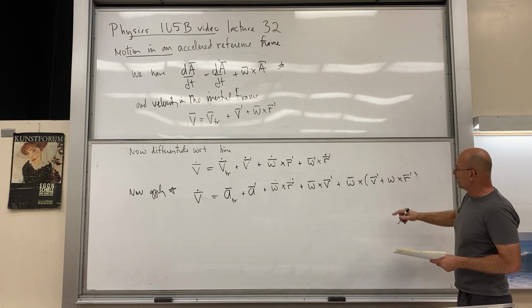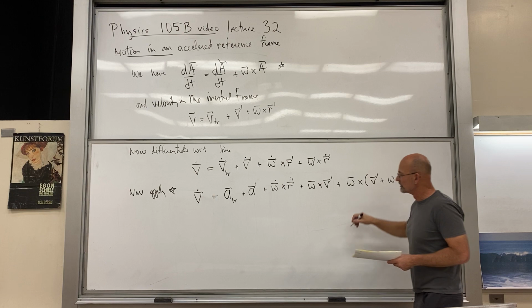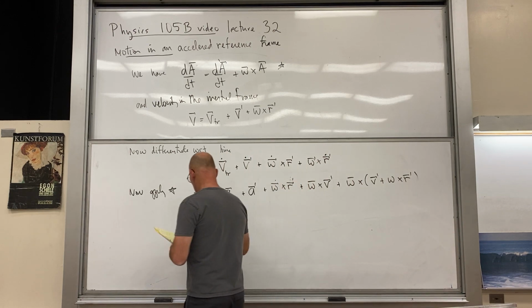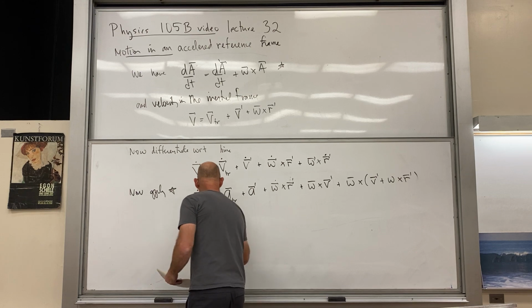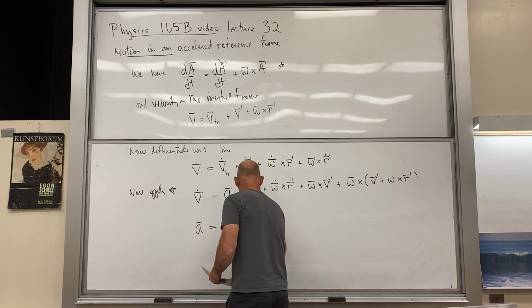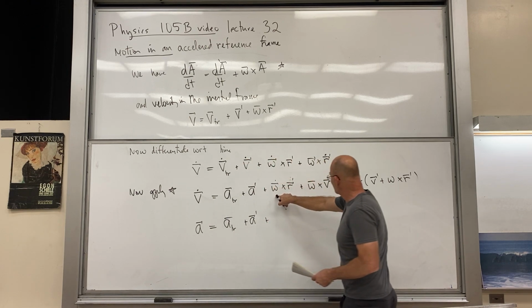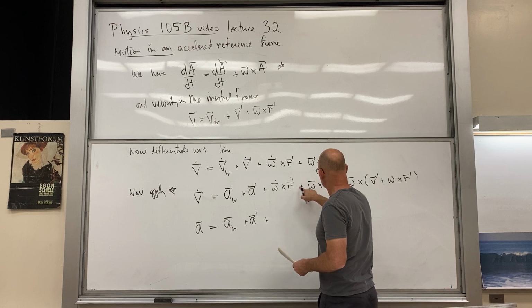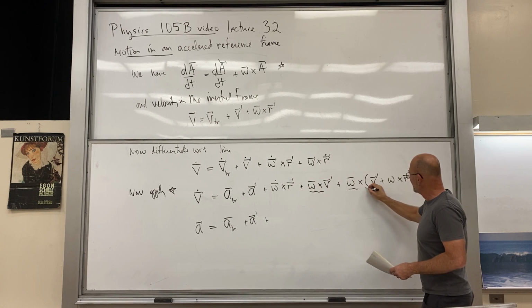So now we're going to see we have two of these. So once more, acceleration, translation. In the prime system, we have, I'm going to take these two first. So we have this and this right here.